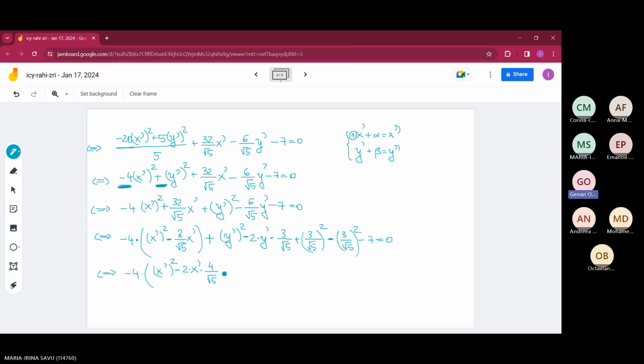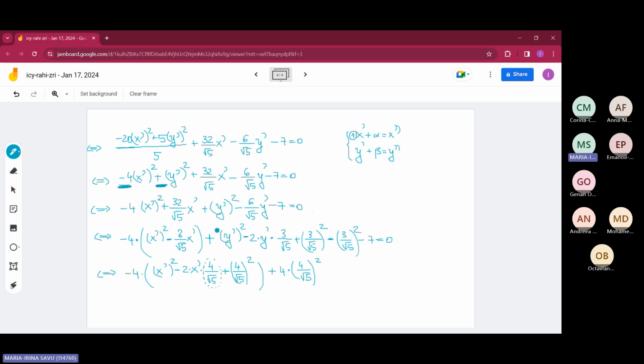And then I have to add this one squared, which is 4 over square root of 5 squared. And in the end, I have to subtract this term, but I'm going to write it this way. I'm actually putting a plus, because when I subtract this, I have a minus in front of it, so I get a plus. Plus 4 times 4 over square root of 5 squared.